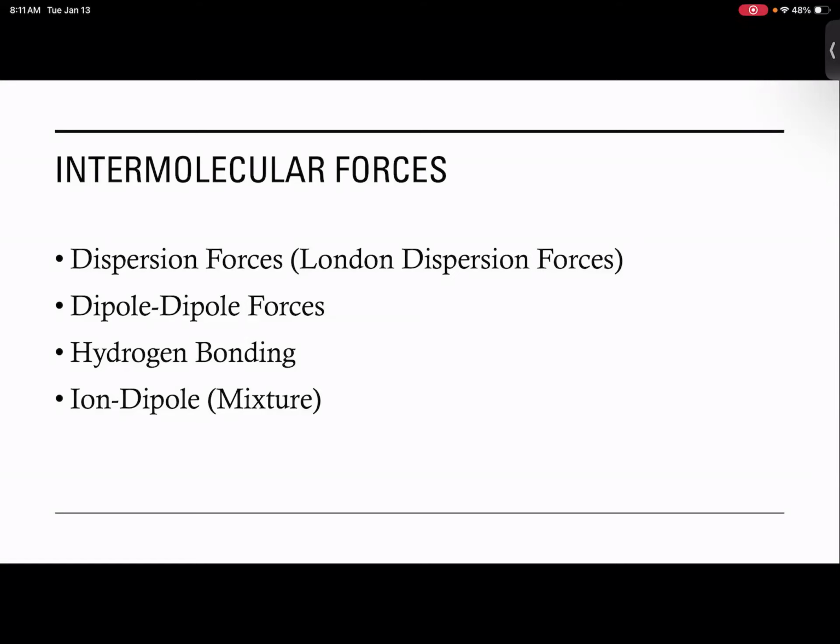Dipole-dipole forces and hydrogen bonding occur in polar molecules, so you have to have that one extra step in order to get to these two, with hydrogen bonding requiring a very specific covalent bond in the molecule. So we have to have yet one more criterion to get to the hydrogen bonding. But basically, these intermolecular forces are going to increase in strength as we go down this grouping.